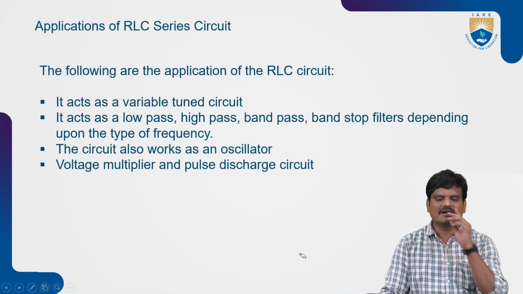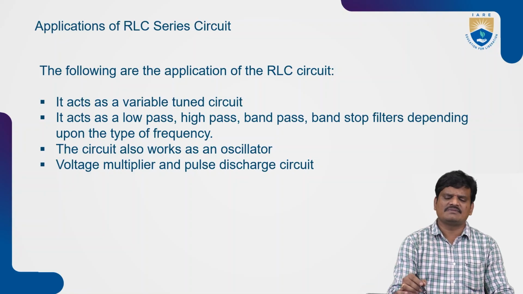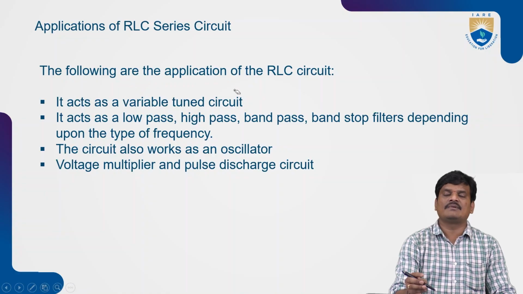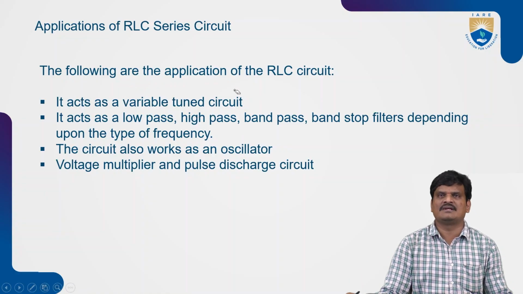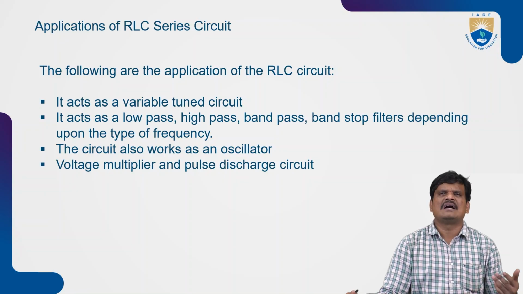Coming to the next slide, that is applications. There are different types of applications where the RLC circuit can be used. Sometimes it can be used as a variable tuned circuit. Sometimes it can also be used in different types of filters, where it is used to eliminate some range of frequencies, like low pass, high pass, band pass, or band elimination filters, depending upon the type of frequency we have used.